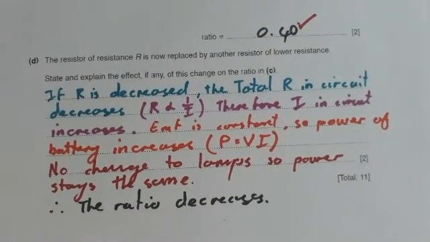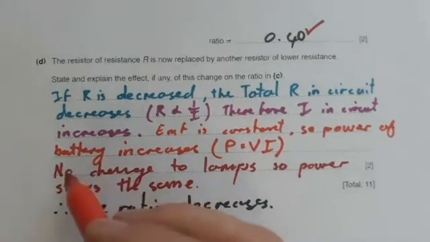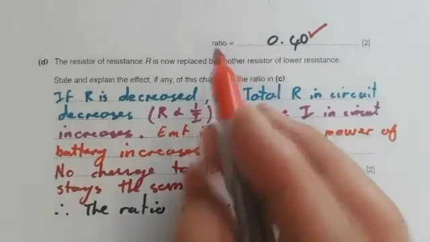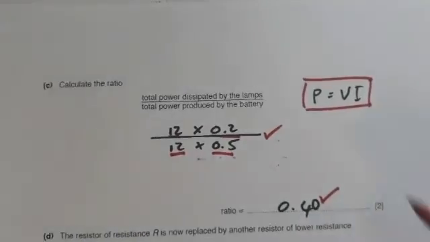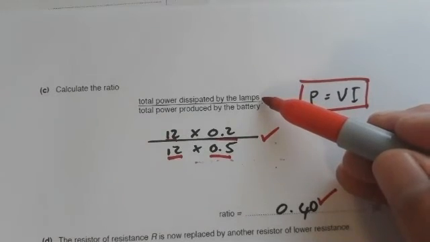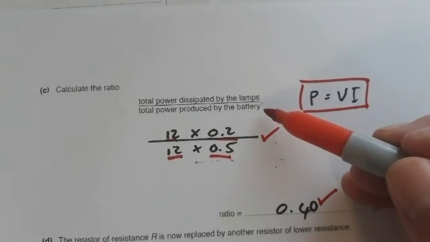My goodness. Okay, so the resistor of resistance R is now replaced with another resistor, a lower resistance. State and explain the effect, if any, of this change in the ratio in C. So we must bring this back to my ratio. What was my ratio? It's power dissipated by the lamps and power produced by the battery, right?